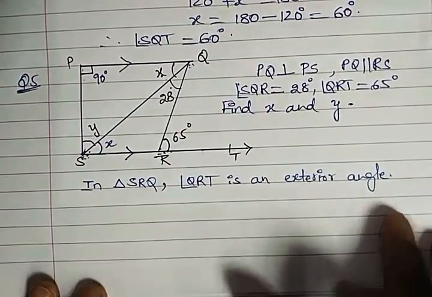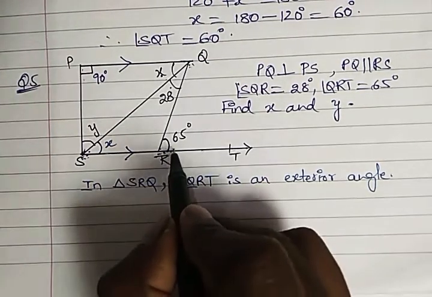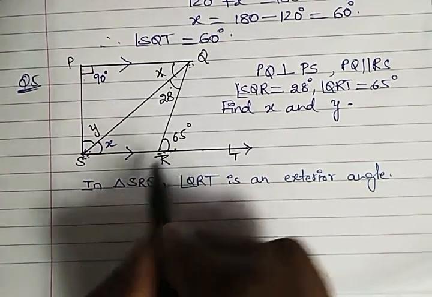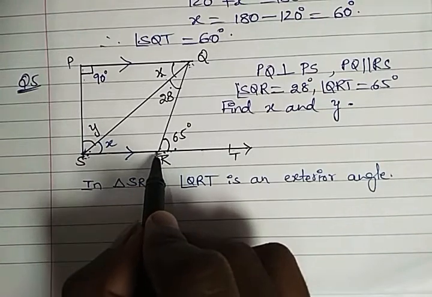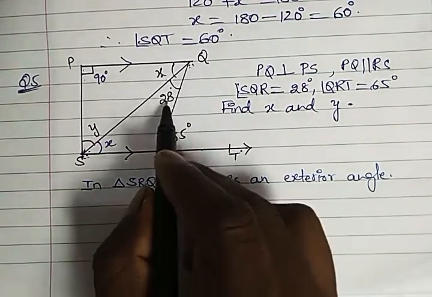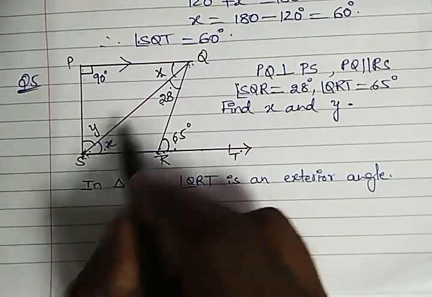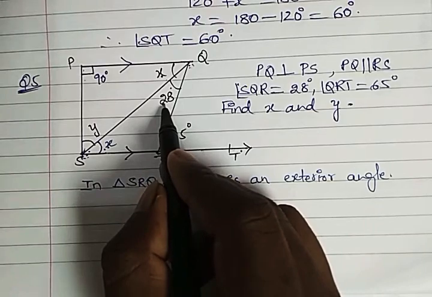So if it is an exterior angle, what did we learn in the previous class about exterior angle? The exterior angle, which is formed by extending one of the sides of the triangle, is equal to the sum of the two interior opposite angles. So these are the two interior opposite angles, X and this value.